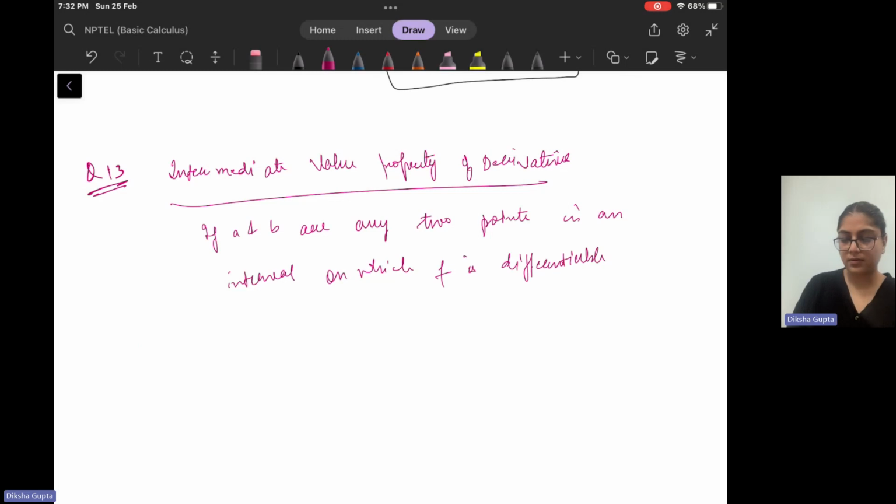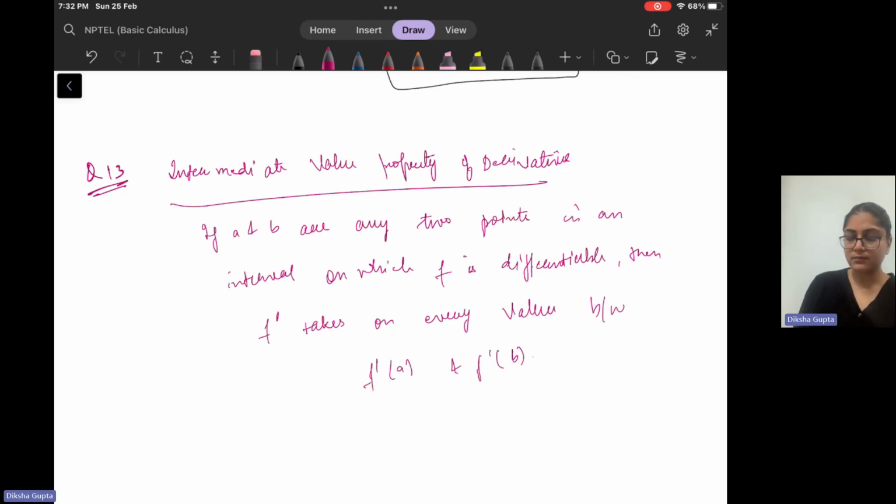that is, if there are any two points A and B where f is differentiable, then the derivative f dash takes on every value between f dash A and f dash B. So this is like the intermediate value property of the continuous functions. This has also been discussed in the class, so we'll do one small question based on it.